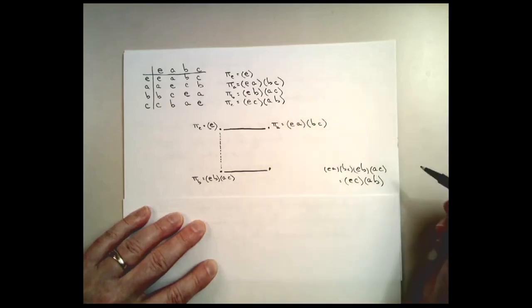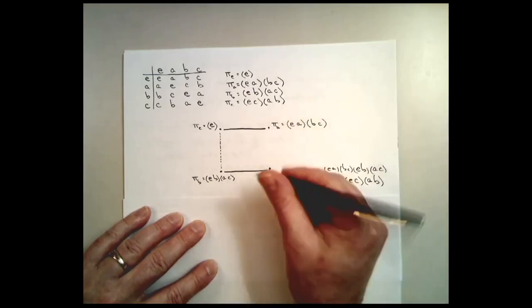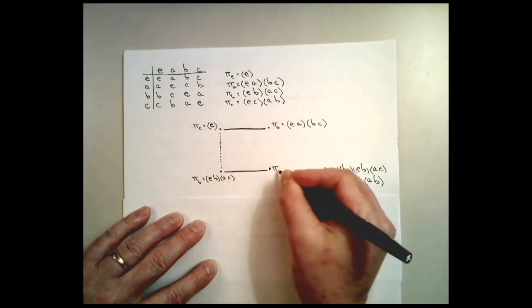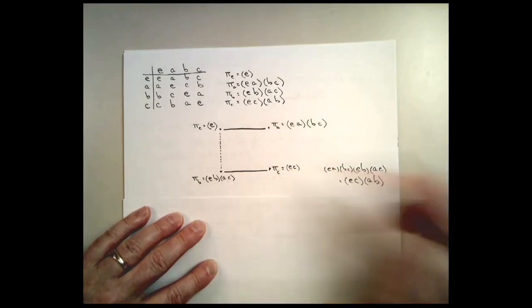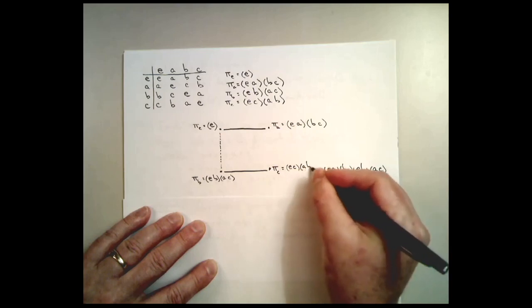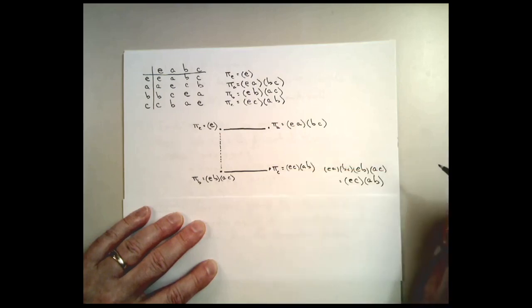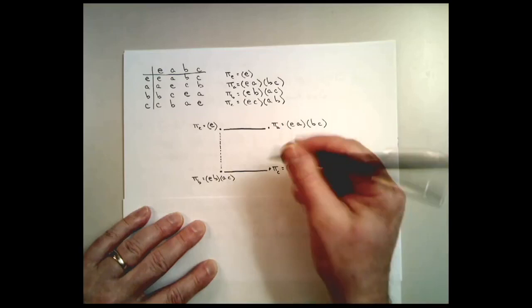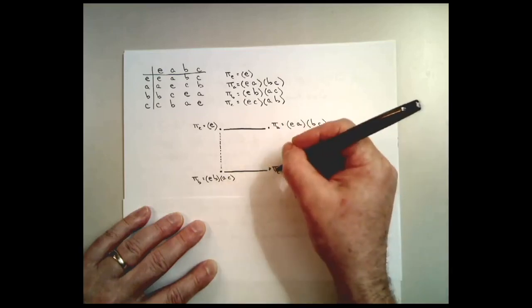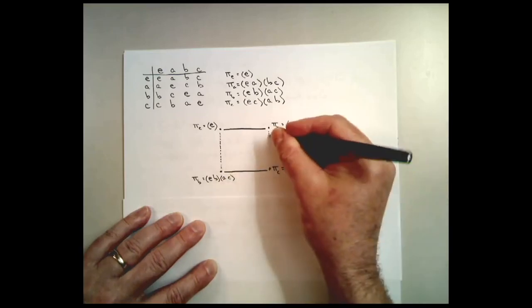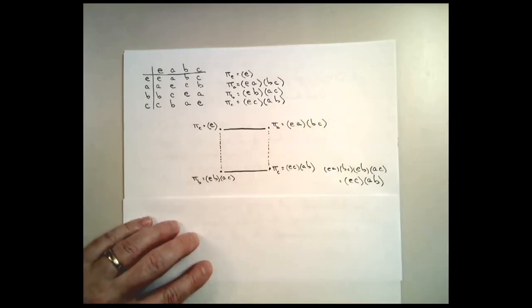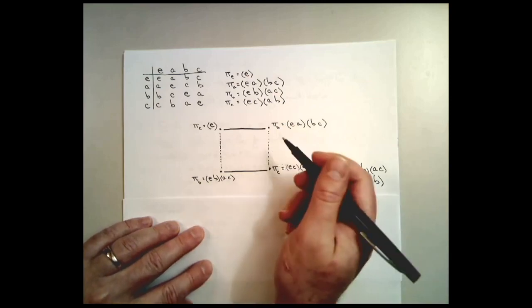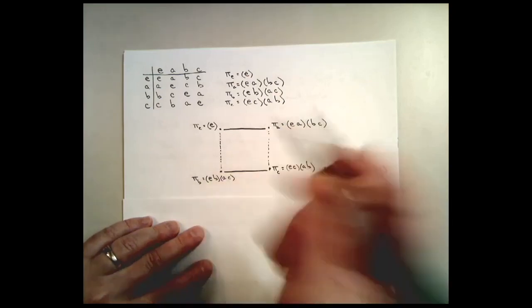That's coming from the fourth row of our table. So that's pi C. Right, and I'll let you check for yourself that if you follow pi C with pi B, pi A is what you get.